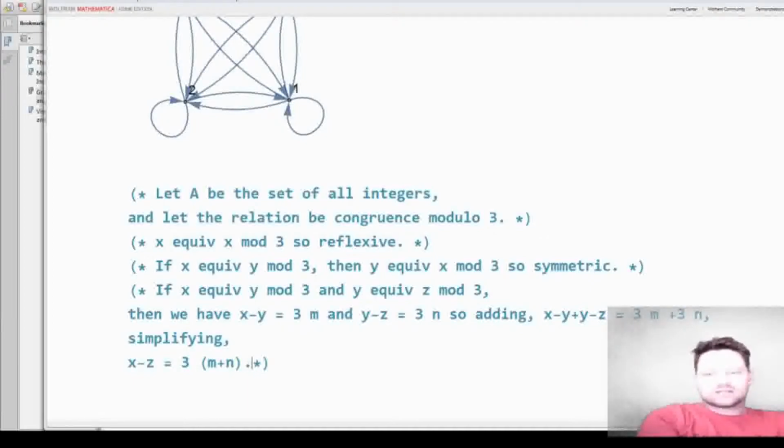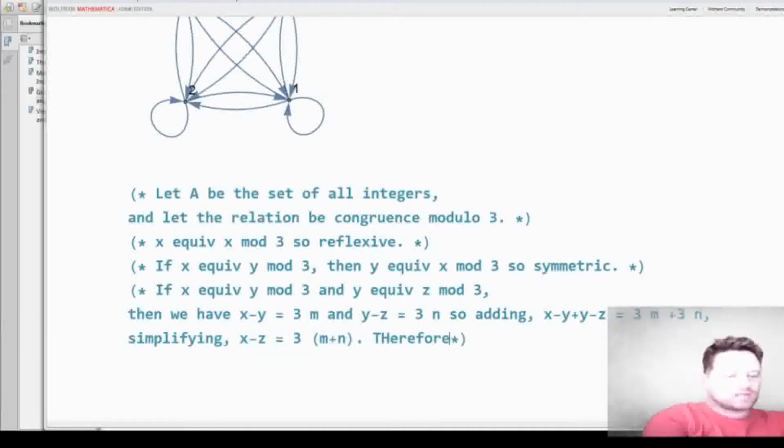So what this means is, therefore, x is equivalent to z modulo 3. So what we have done is established that this relation, equivalence or congruence, is a transitive relation.